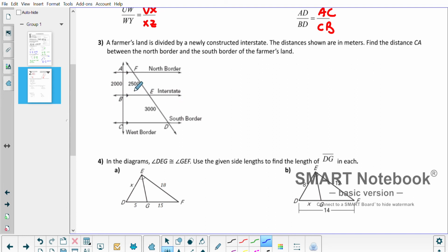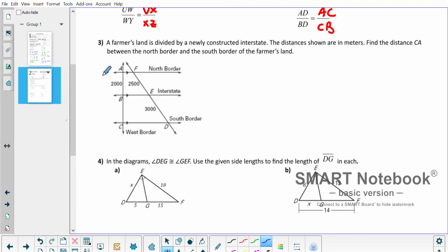So we've got our 3 parallel lines going horizontally here. We've got the border of his property here, and the interstate is actually going straight through the middle. So we know that CA is what we're looking for.